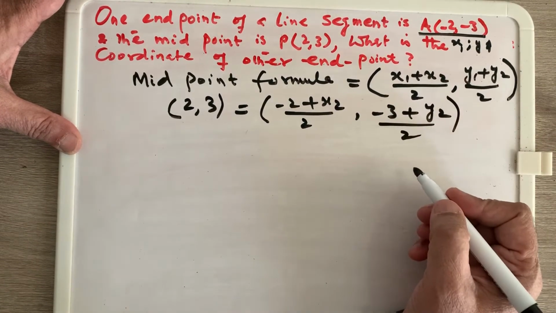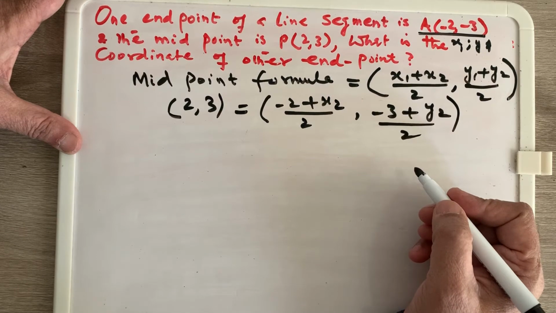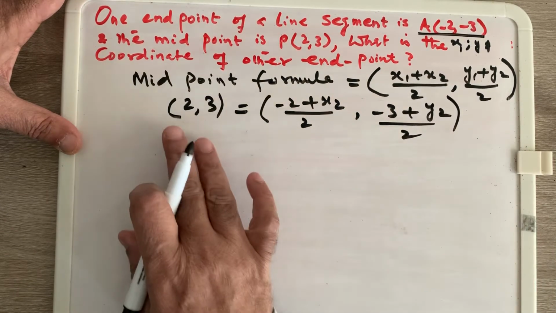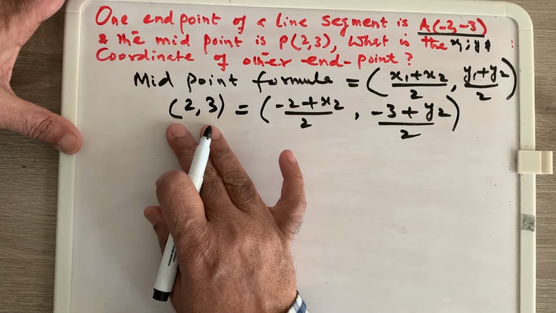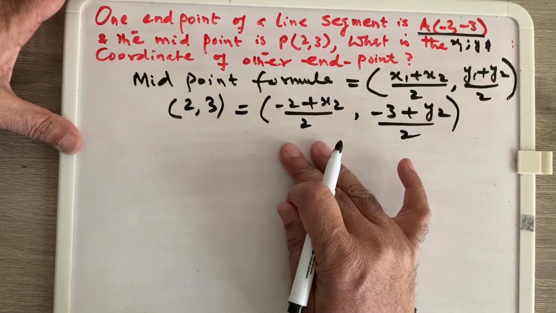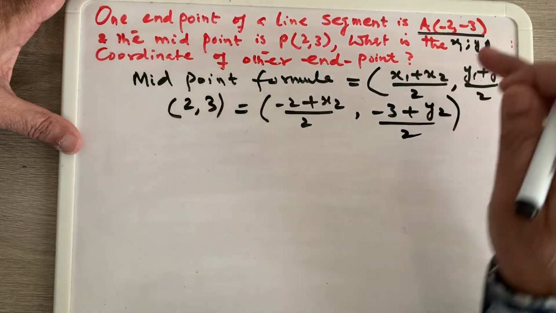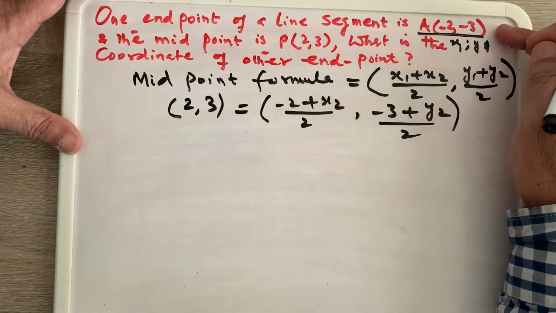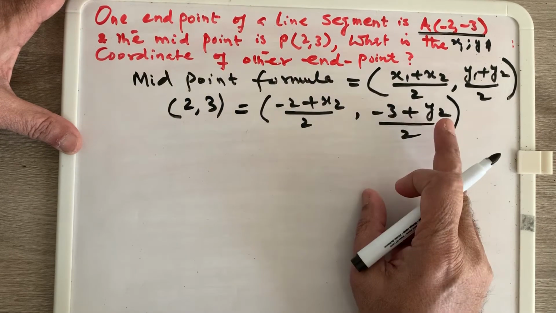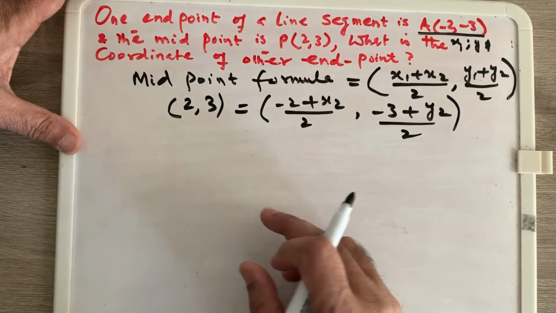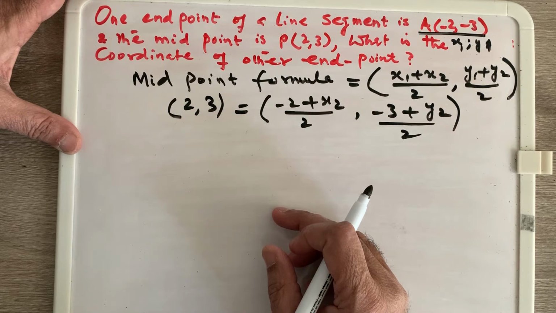This is my equation, and I write here the midpoint which is given, and I apply the formula at the one given point, which is my x1 and y1. Now my unknowns are x2 and y2, the other end point of the line, right?